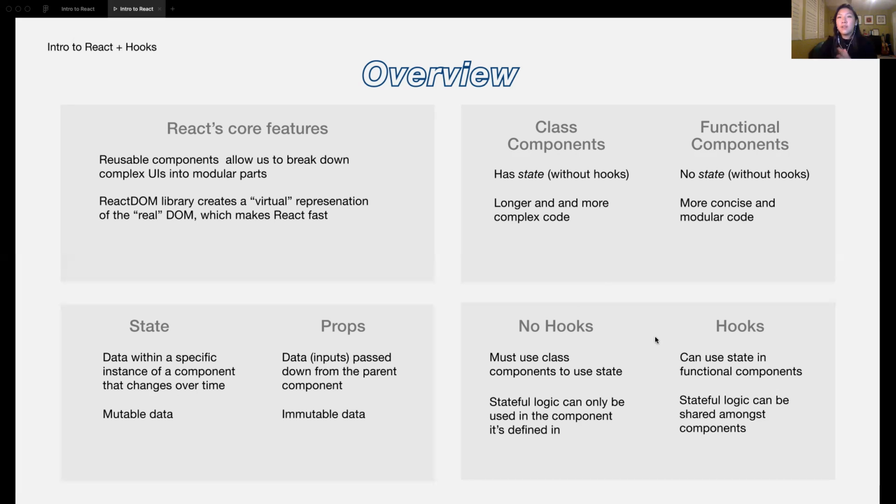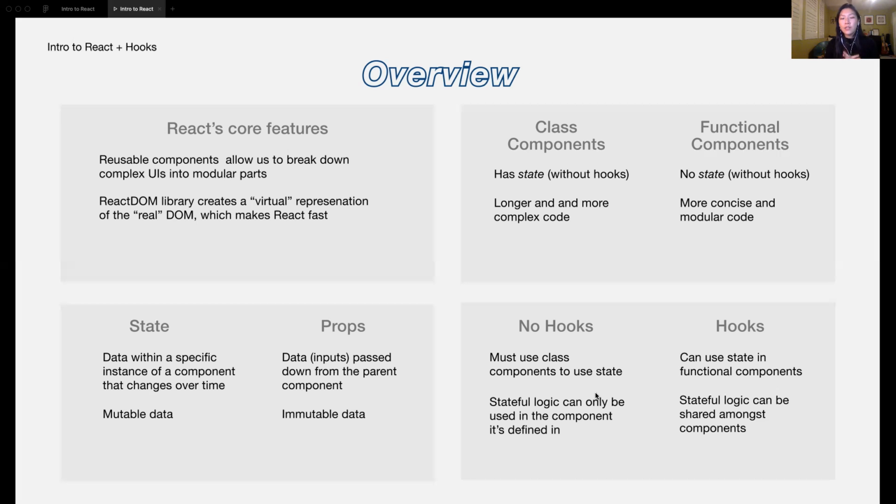All right, lastly, we have the no hooks and hooks comparison. For no hooks, you must use class components to use state. And also, stateful logic can only be used in the component it's defined in. This is something we didn't really cover, but I think it's important to cover. With hooks, because they are functions, you can technically write your own hooks.